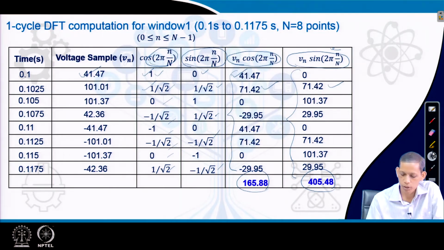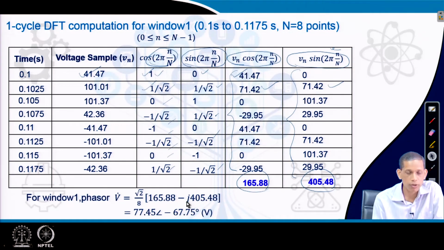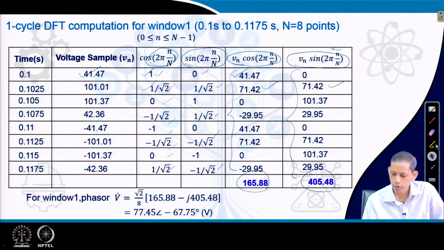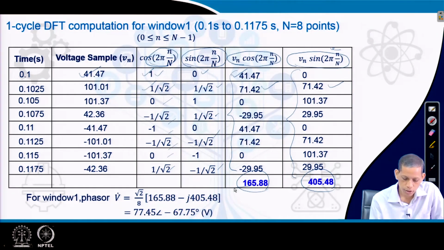Now, using the algorithm, the voltage phasor V for this 1 cycle of data using the 1 cycle DFT is root 2 by N, where capital N is 8 here, times 165.88 and with a negative sign 405.48. This gives the phasor value of magnitude 77.45 and angle of minus 67.75.